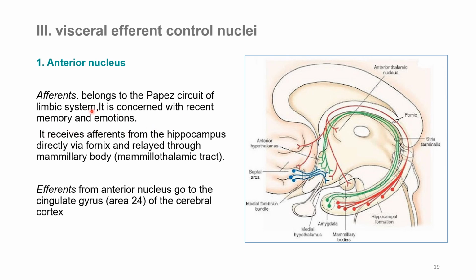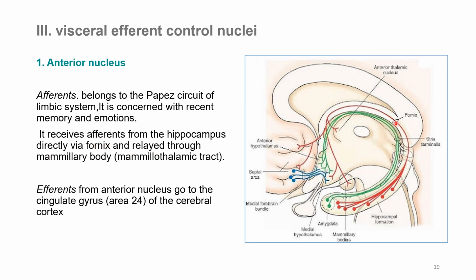So from the limbic system it has connections via the Papez circuit. It receives afferents from the hippocampus directly via the fornix and relayed through the mammillary body through the mammillothalamic tract.